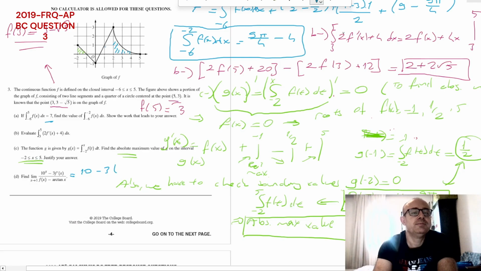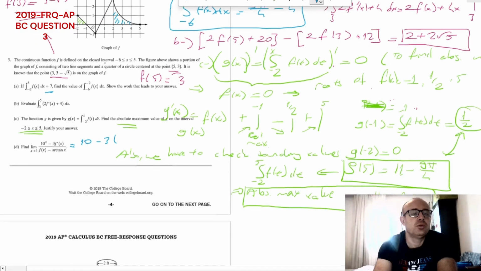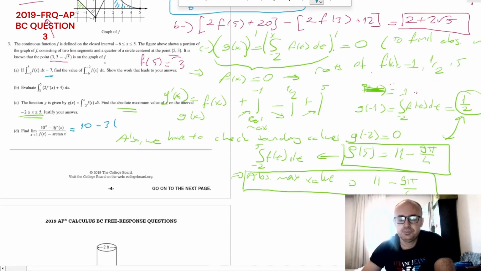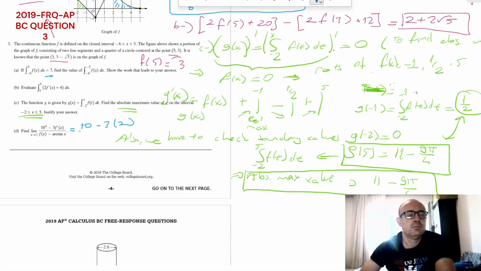Look here. The derivative of our function, look at the gradient. This is equal to 2. F of 1 is obviously 1. F of 1 is equal to 1.